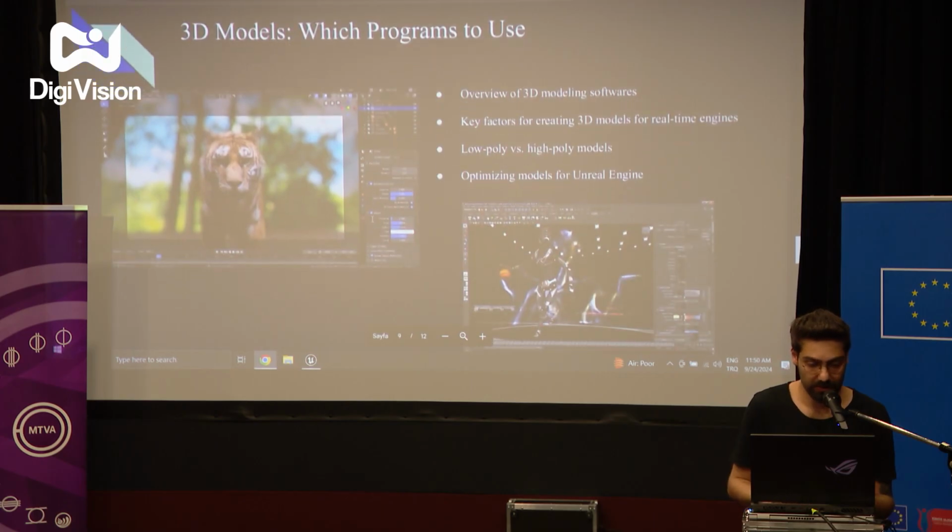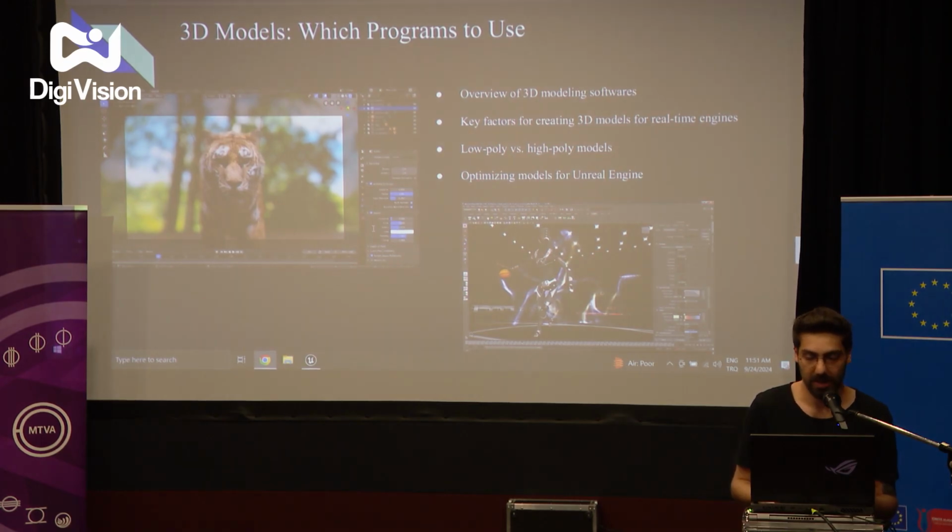As I mentioned, there are some 3D modeling software such as 3ds Max, Autodesk Maya, and Blender. We can use them to create our 3D models. Blender is open source and free, so we can directly download it.